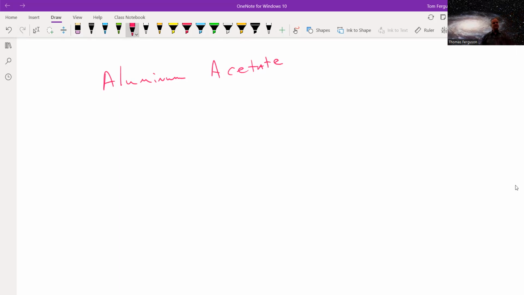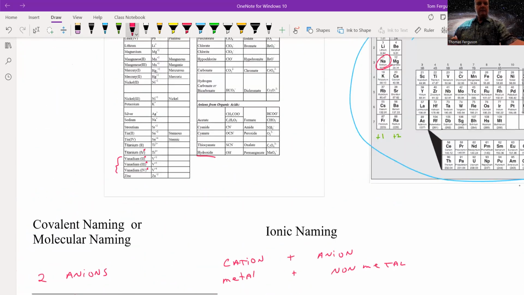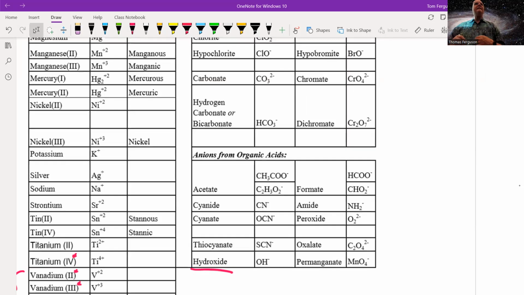Okay, aluminum acetate. What would the formula for that be? How would I write it? Yes, I was just about to talk about that.